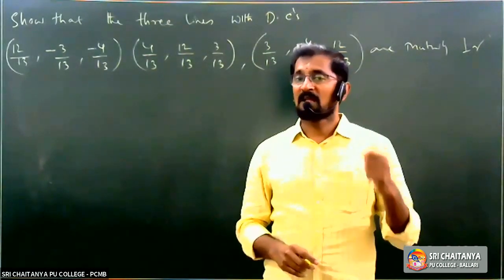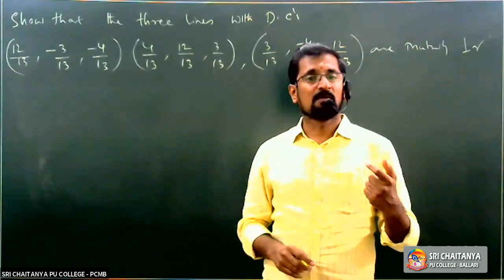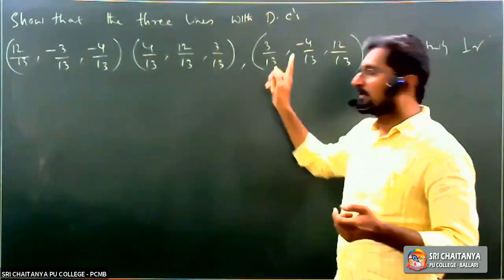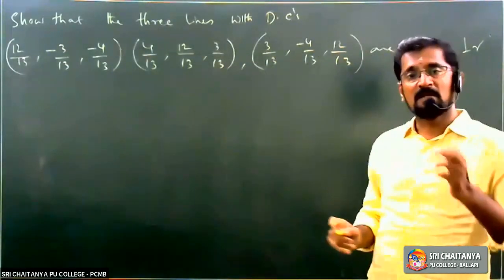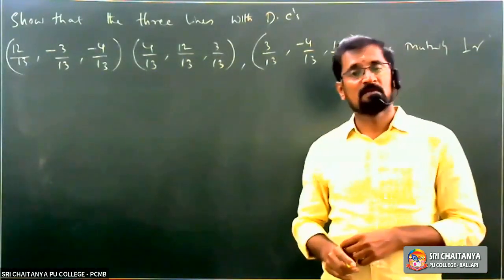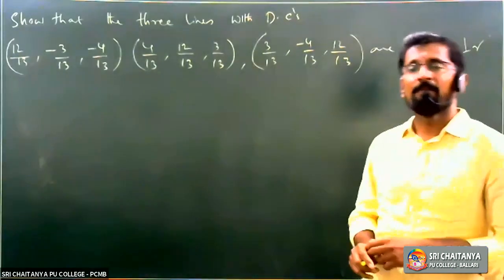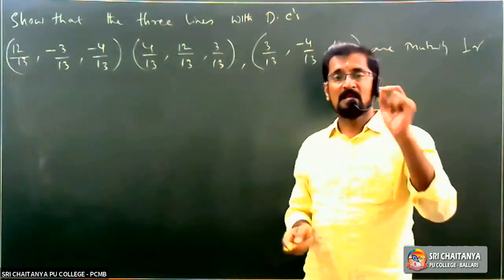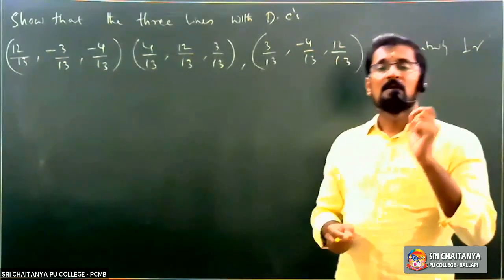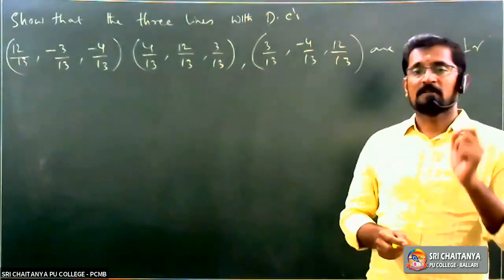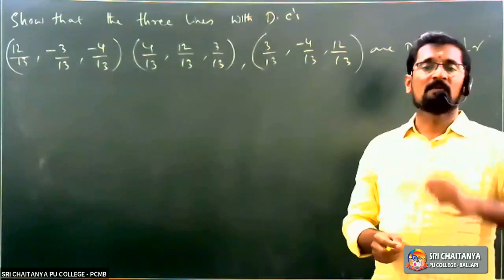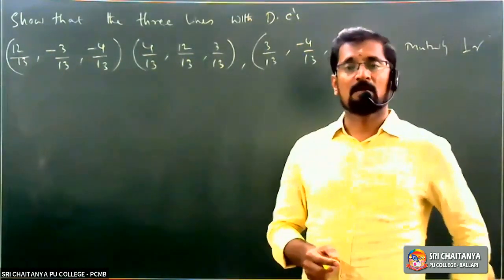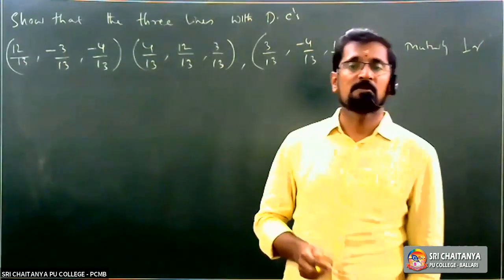To show that second and third line are perpendicular, L2 L3 plus M2 M3 plus N2 N3 should be equals to 0. Similarly, to show that 1 and 3 lines are perpendicular, L1 L3 plus M1 M3 plus N1 N3 should be equals to 0. Therefore, you can say that three lines are mutually perpendicular to each other.